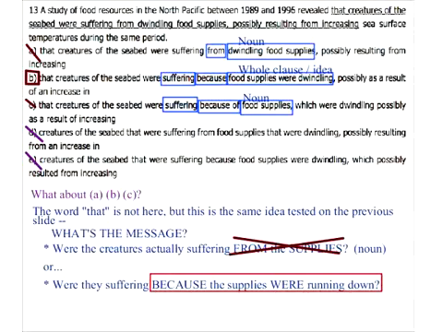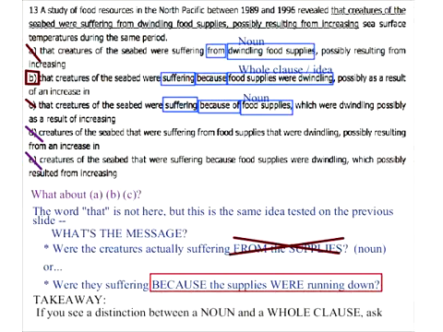While people are typing, let's put a general takeaway on the board. What should you get out of this? If you see a distinction between a noun and a whole clause, ask yourself, what's the message?